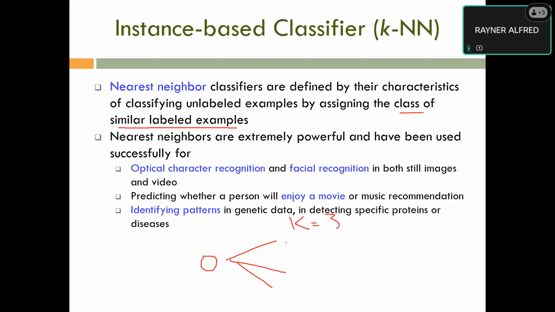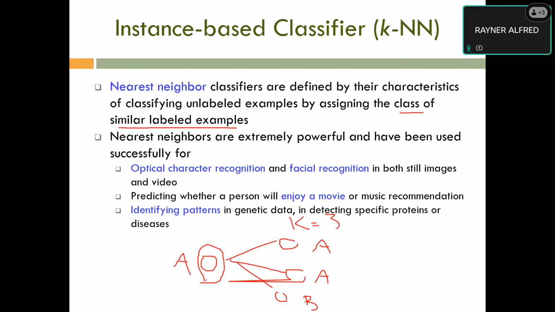So the nearest neighbors are this and this and this. So we look at the labels here. If the labels are A, A and B, the majority is A. So we say the new label for this new unseen data is A.